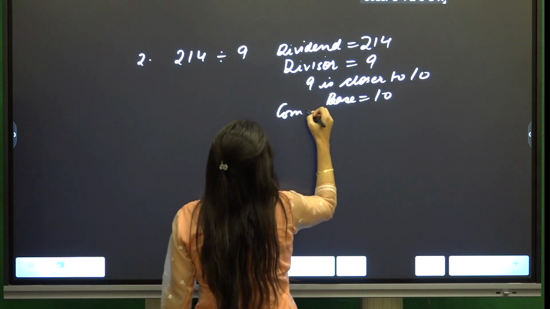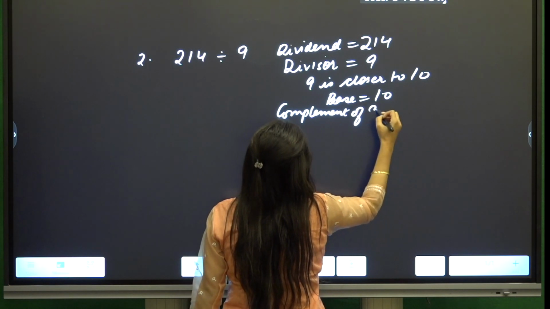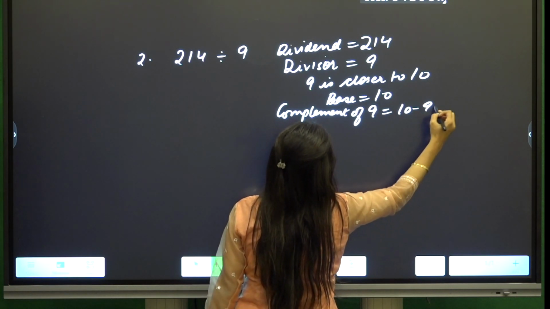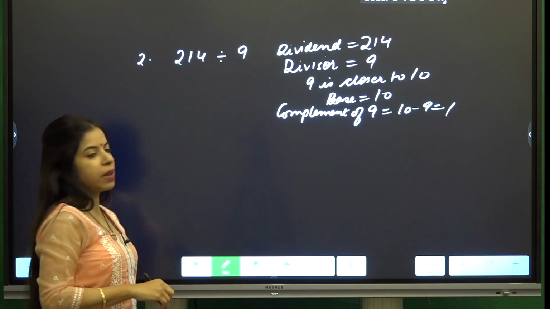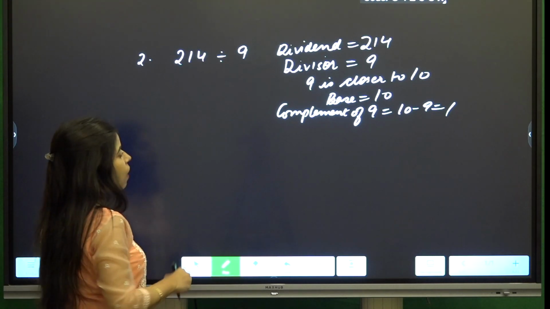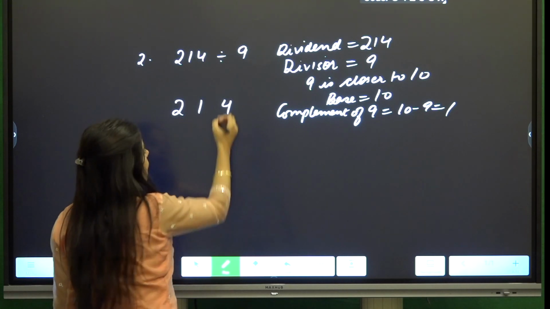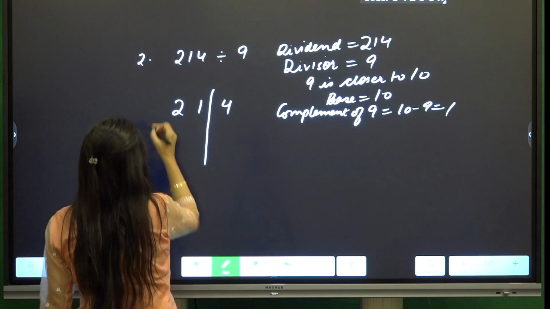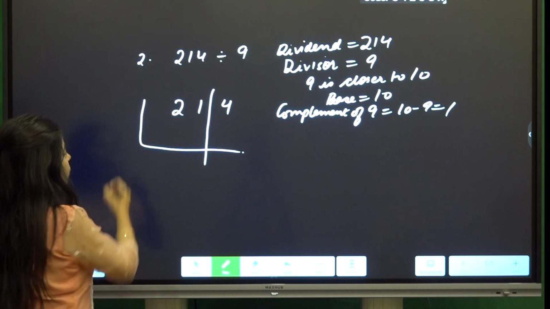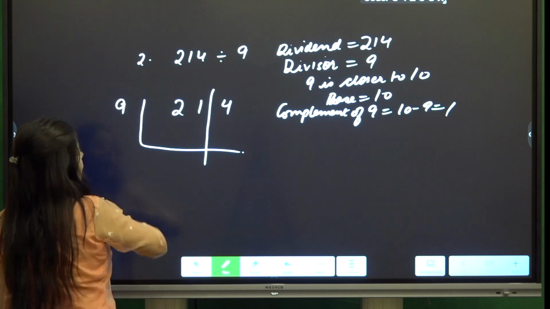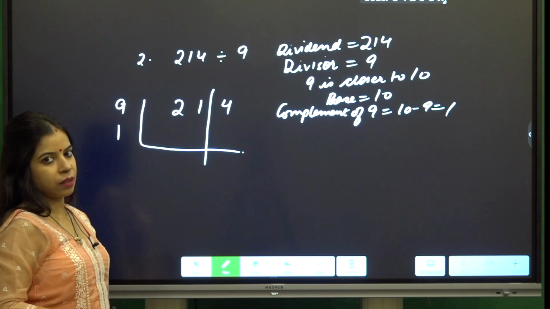Complement of 9 is 10 minus 9, which is 1. Since number of zeros in base is 1, remainder part will have 1 digit. So, I am going to place a slash between 1 and 4. Okay, and to the left I am going to write the divisor 9. Below the divisor I am going to write the complement.